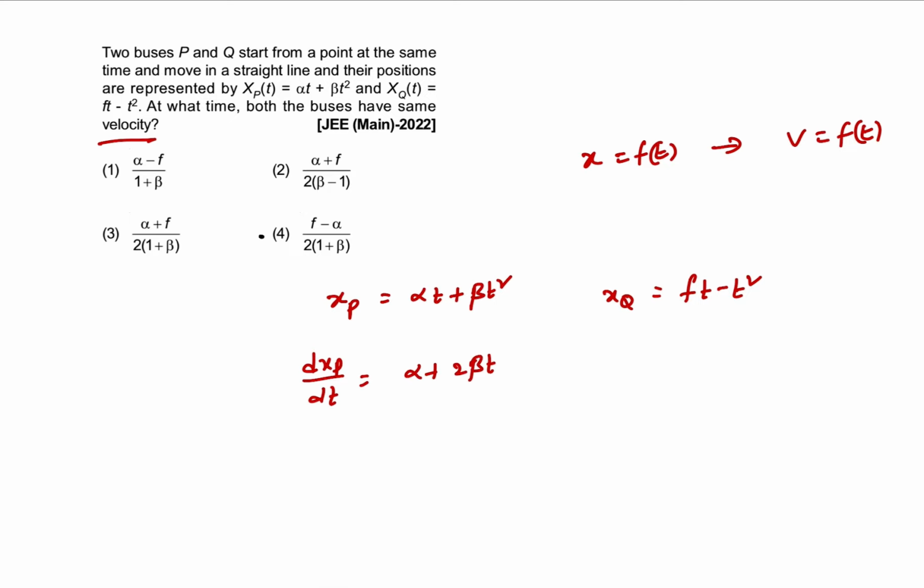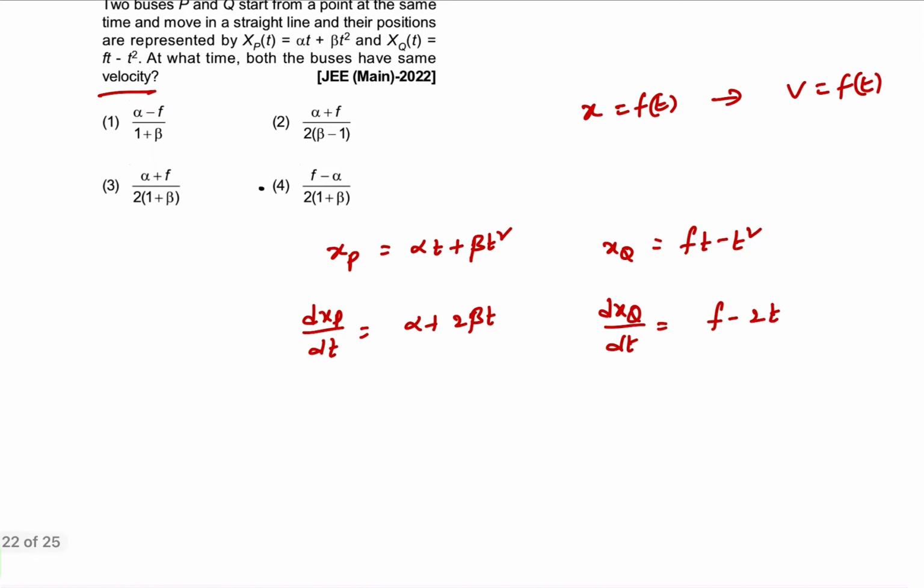You have to differentiate. So dxp by dt is equal to alpha plus 2 beta t. Similarly, dxq divided by dt, if you write that, f minus 2t you will get. As per the question, this is the velocity of P, this is the velocity of Q. Both are equal. At what time is it equal? Alpha plus 2 beta into t is equal to f minus 2t, since earlier they have given t square and 2t.